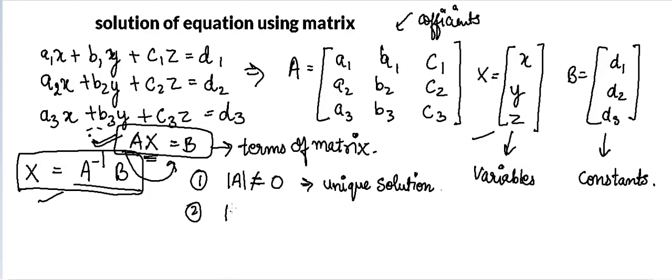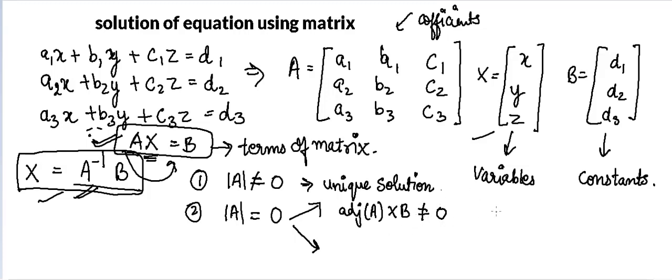Second says if the determinant of matrix A is equal to 0, there are two possibilities. Okay. Then you have to find the adjoint of A cross B, right? Adjoint of A you have to find because you have to find the inverse for solutions. So if adjoint of A into B is not equal to 0, okay, then it will have no solution. There will be no solution.